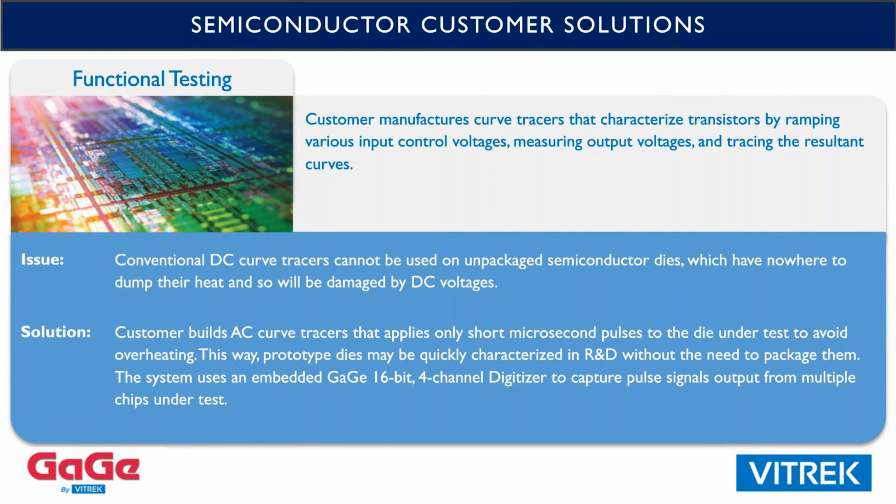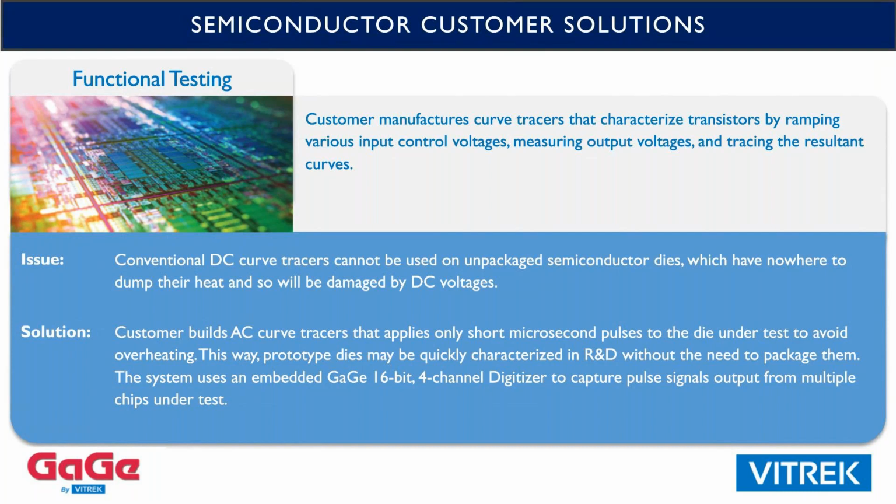For that they embed our digitizer within the instrument that they sell, and they need four. I believe each one needs at least 2 channels. So I think it's 2 channels times 2, so they can do multiple chips at a time.